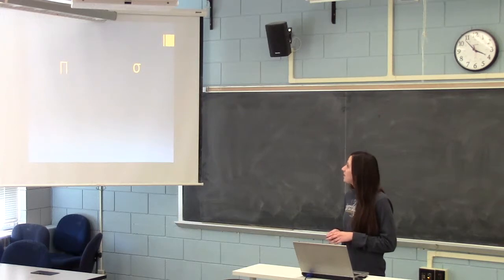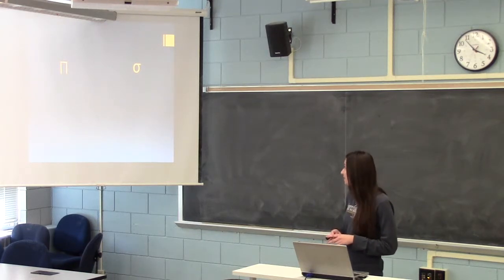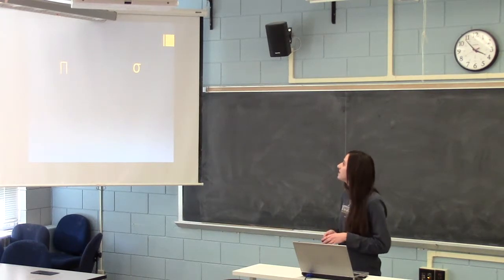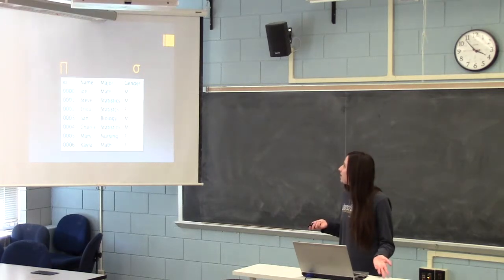The one that looks like a pie means that in a table, we're only interested in pulling out specific columns in that table. And the one that looks like a sigma means that we're only interested in pulling out specific rows or observations in the table.